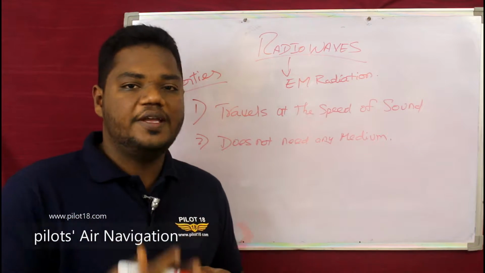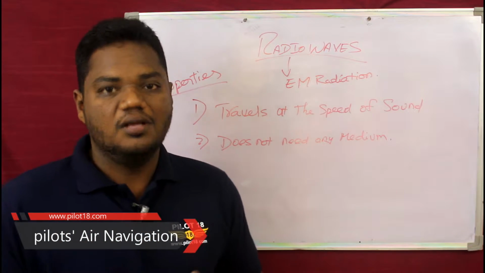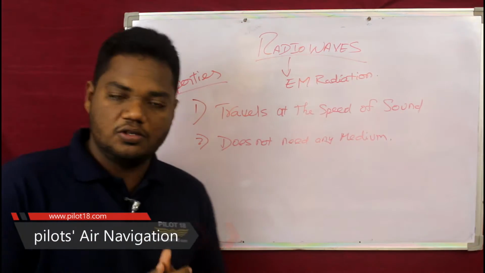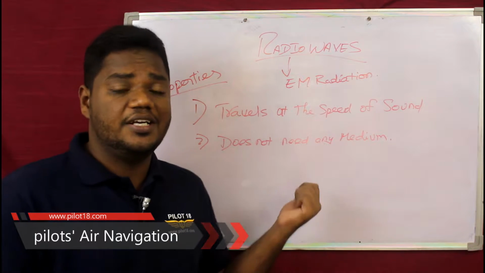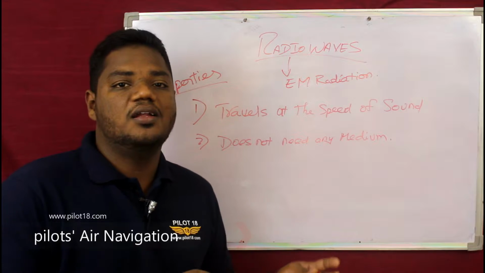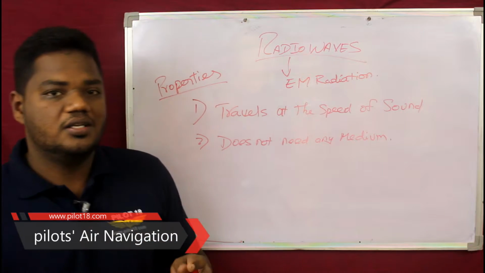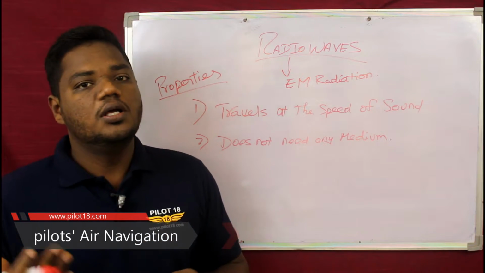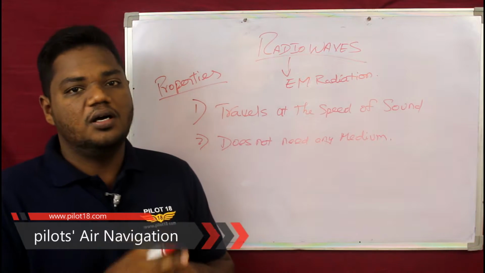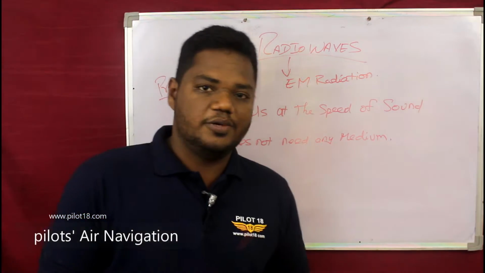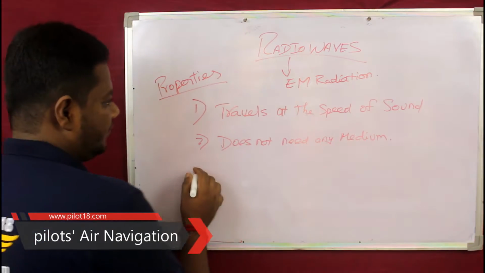Because the sound waves need air molecules to travel, but radio waves do not need any molecules to travel. That's why we can even send radio waves to space, and we are controlling our satellites. So these are due to radio waves having the property that they can travel even in a vacuum. It does not require any medium to travel.